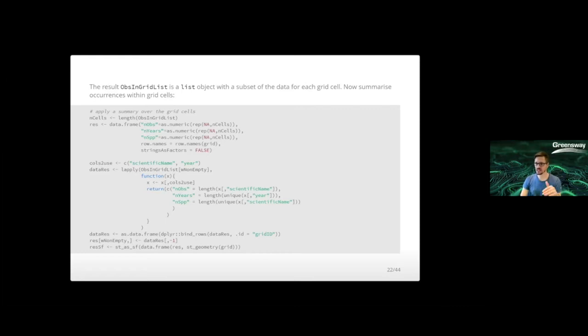apply some statistics to each of those grid sets quite easily with the function lapply, list apply. And you can restrict that to only those grid cells that are not empty.